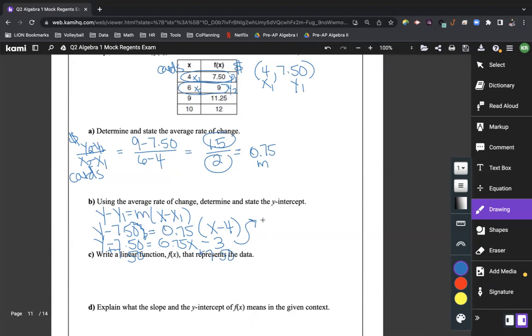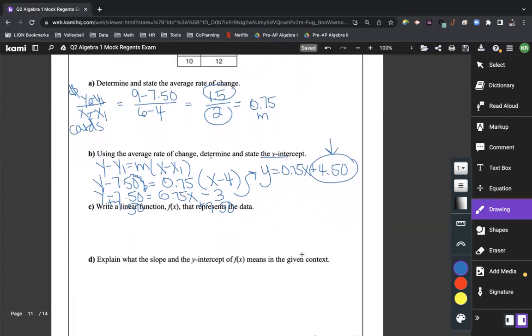So now I get y equals 0.75x. Now, negative 3 plus 750, so I'm going to do 750 minus 3, and I get 450 plus 450. Okay? So, using the average rate of change, determine and state the y-intercept. The y-intercept is 450. Write a linear function, f of x, that represents the data.